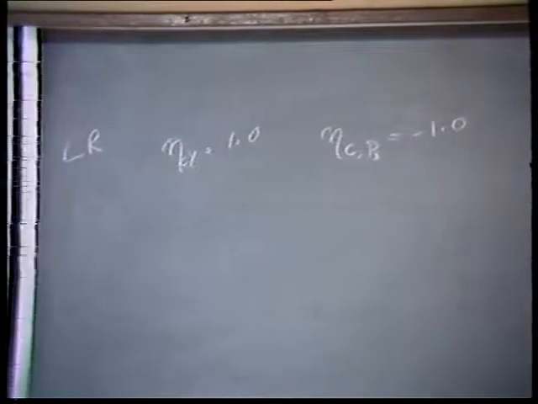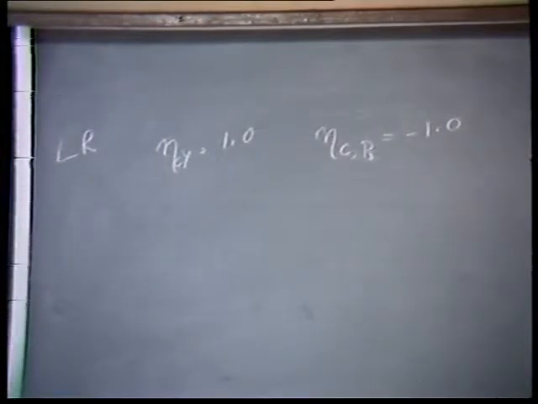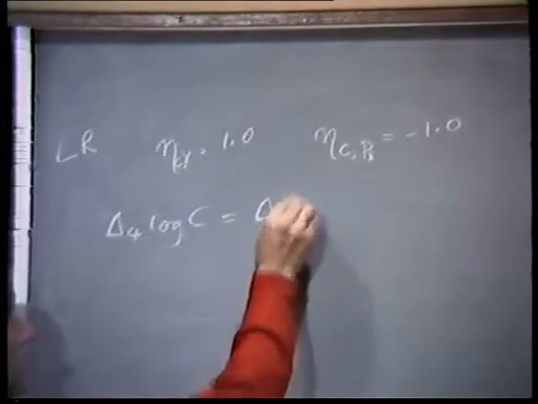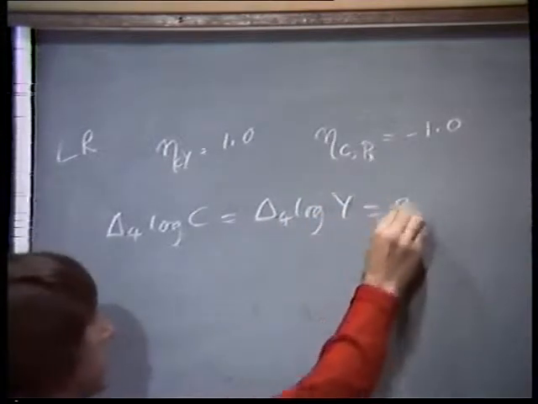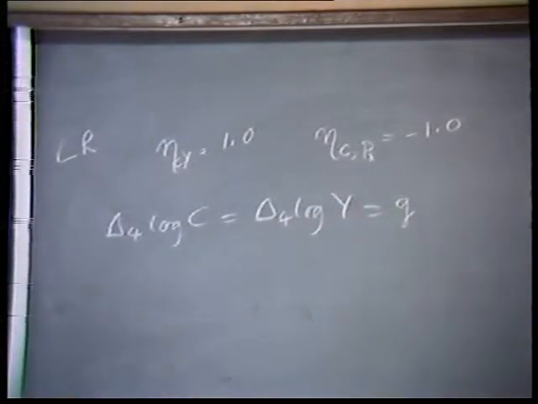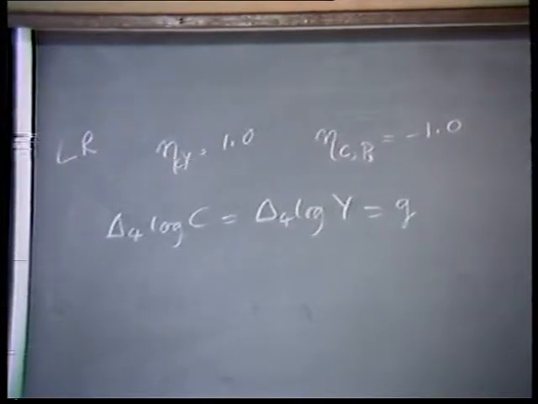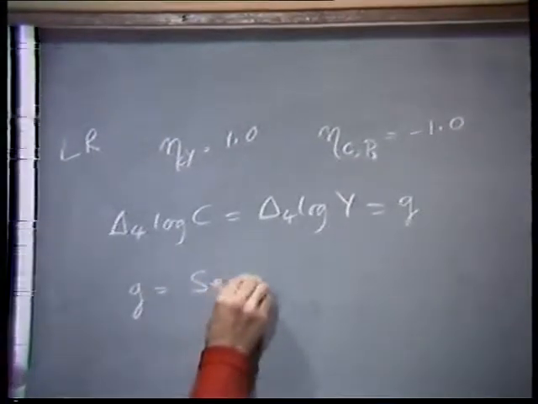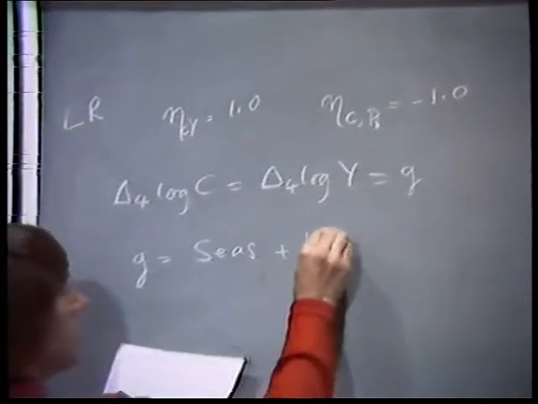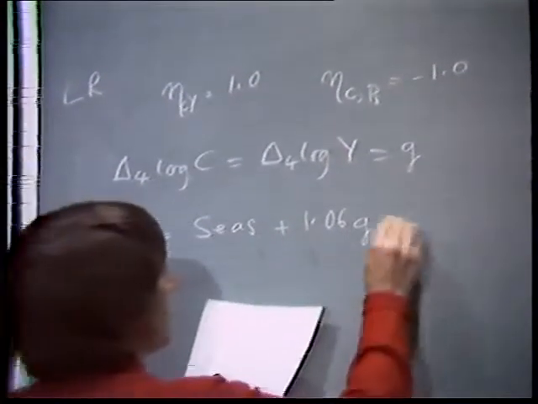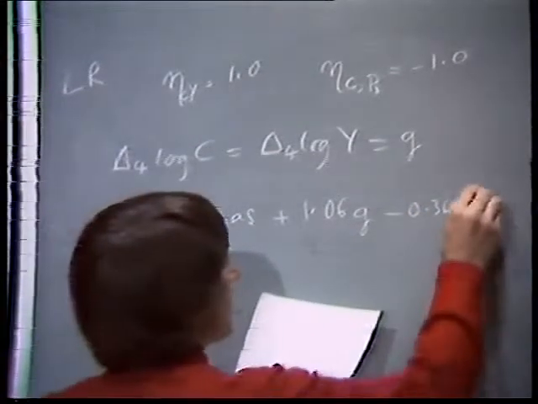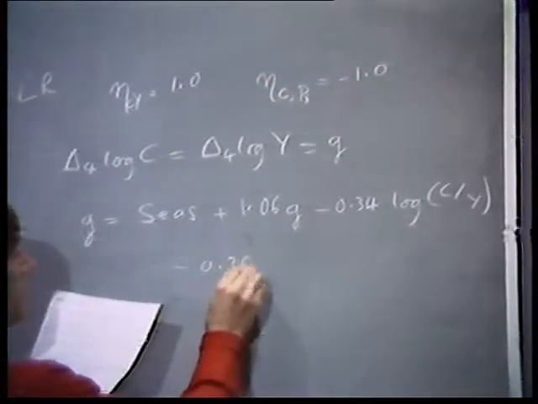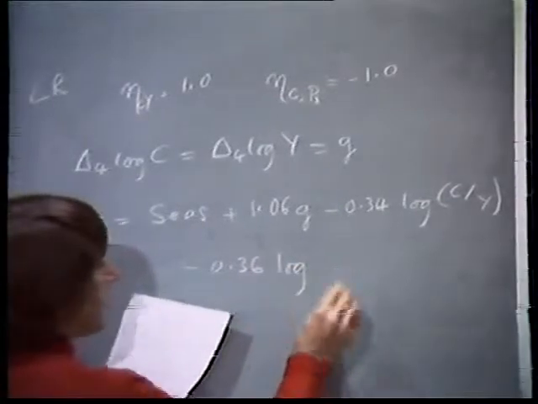And that comes about in the following way. If we again assume that we have steady growth in consumption and income at the same rate G, and then use the results that we've got for the estimates D, we have that G is equal to the seasonal coefficients plus 1.06 G minus 0.34 log C divided by Y minus 0.36 the log of the price term.